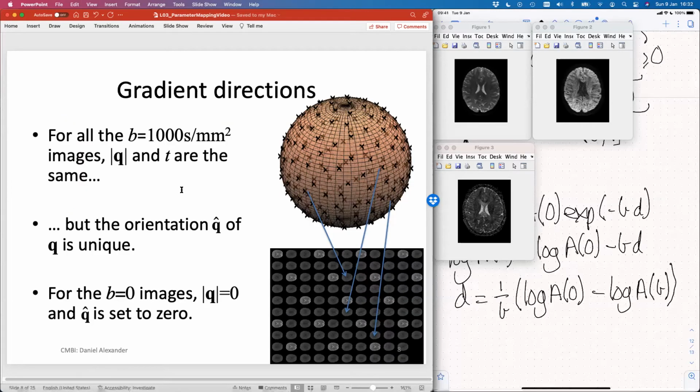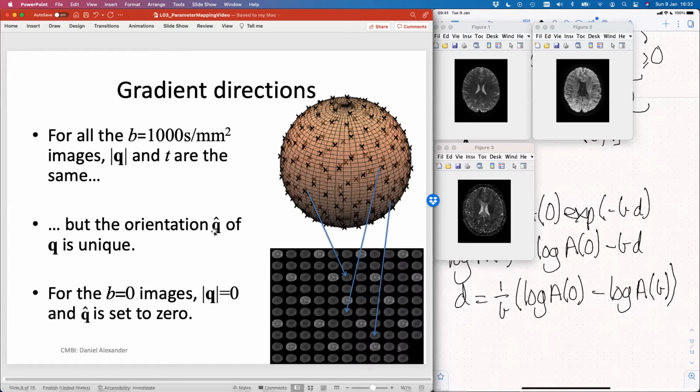Just to think a little bit further about all of these diffusion weighted images. In fact, the 90 B1000 images are not all identical to one another. I mentioned earlier the orientation of the gradient vector, and I'm going to call that orientation Q hat. So Q hat is a unit vector in the direction of the gradient, and we can pick that Q hat to be any direction that we like.